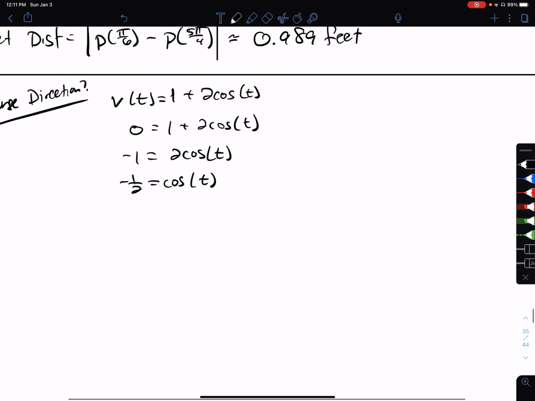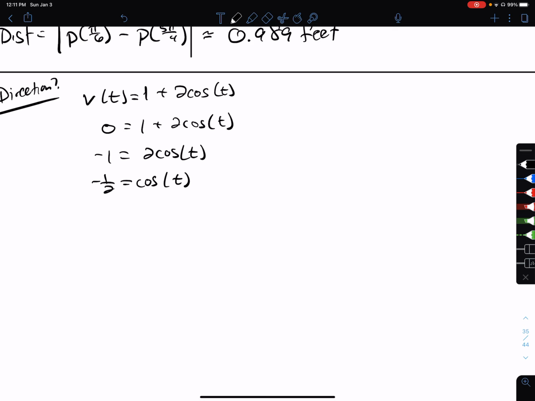If you're great with a unit circle, you probably know the answer instantly. I'm not great with a unit circle. I'm just going to draw this. I know that cosine is x over r, so my x value is negative 1, so I'm going to the left, and my r value is 2. That means that this triangle that I'm drawing could be in quadrant 2, or it could be in quadrant 3. Two possible answers.